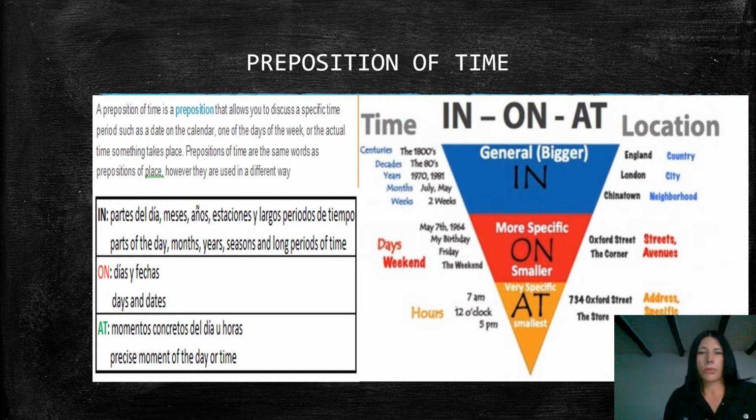You use on with days of the month, for example, on December 8th, or on the weekend, on the street. You use at with the time: you need to set the time, at 7 o'clock, at 4 p.m., or if you need to explain the address, where you are.